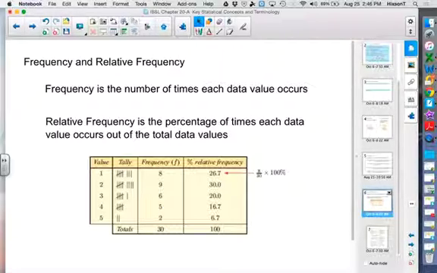That tells us a little bit more than just saying, oh, it happened 8 times. Okay, because that could be 8 out of 30 or 8 out of 3,000. And that's really, really different. Okay? But that's the idea with the relative frequency. Here we would take 9 out of 30 and we get 30%. So 30% of the results were 2s. Okay? And so on. Does that all make sense?